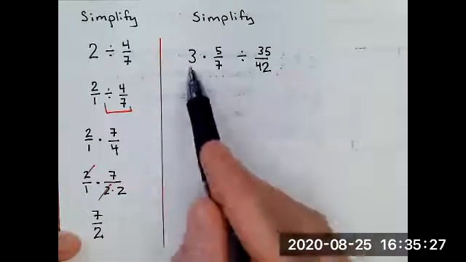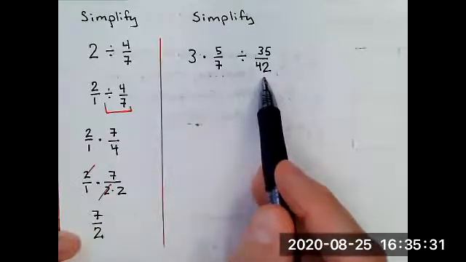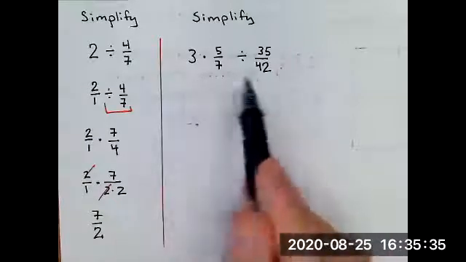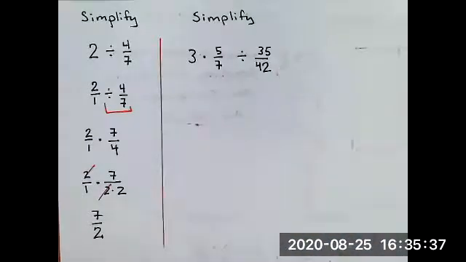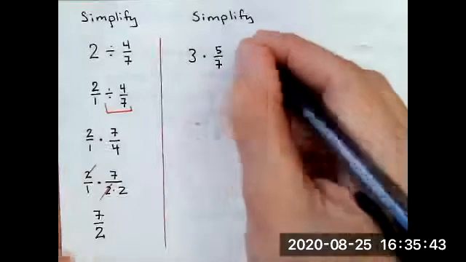All right, we have 3 times 5/7 divided by 35 over 42. And if you want, you could hit pause and try it before watching the answer. All right.